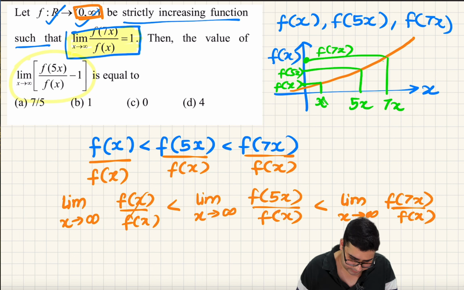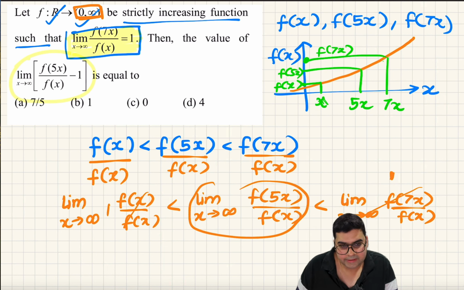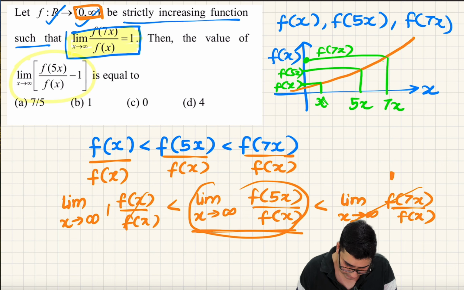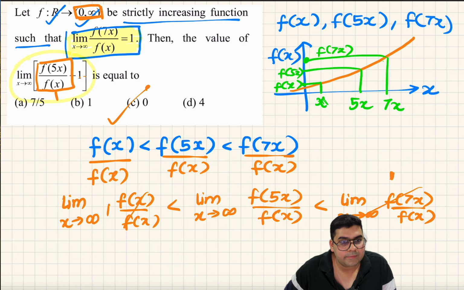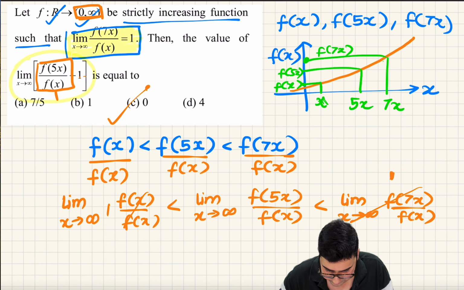Now I know that this value is 1, of course, this is given to be 1 in the problem. So I know that our limit lies in 1 to 1, so it's sandwiched between 1, and that's why this value is 1. Now if this value is 1, I just need to substitute this as 1, and 1 minus 1 will give me 0, and that's my final answer.